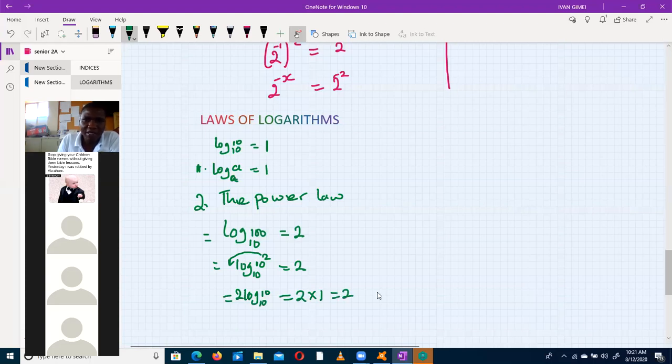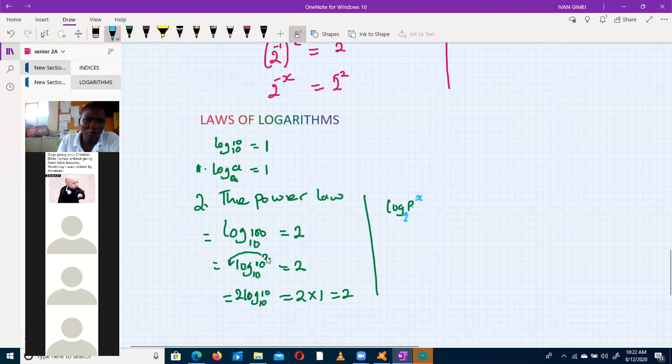The power law says if you're looking for the log of any number, let's say p power x to base q, you see here we were looking for log of 10 to the power 2 base 10.